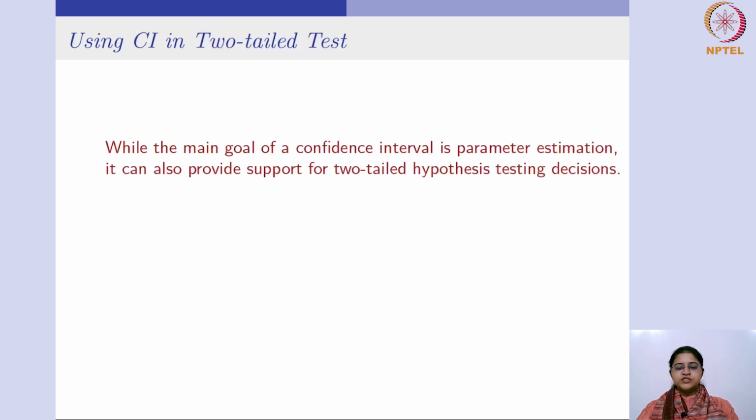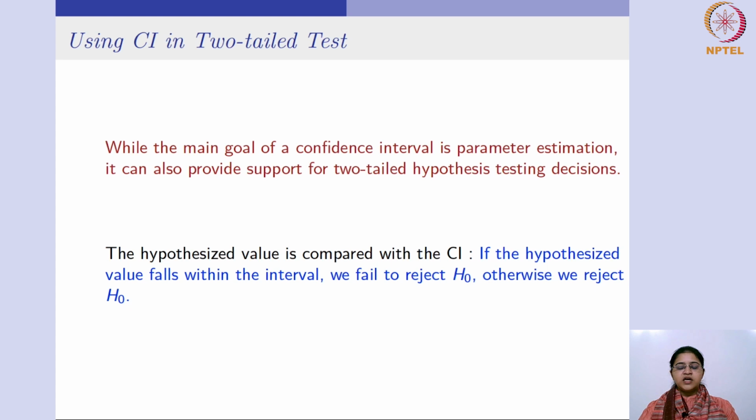Now, in addition to the goal of estimation, which confidence interval estimation helps us in achieving, we can also use it to support our hypothesis testing decisions, provided it is a two-tailed hypothesis test. We have studied that in the previous weeks. What it says is that if the hypothesized value falls within the interval, you fail to reject the null hypothesis.